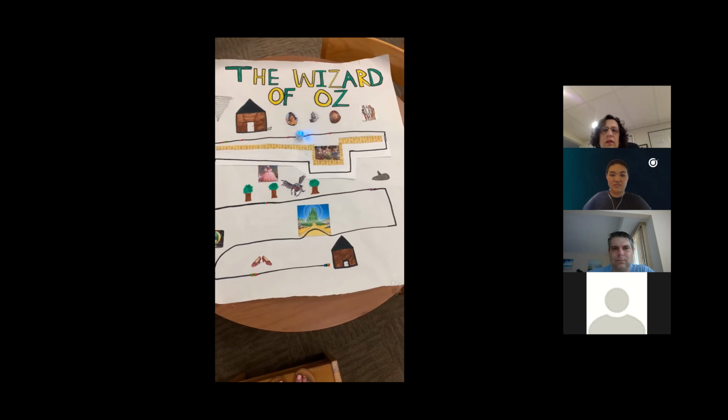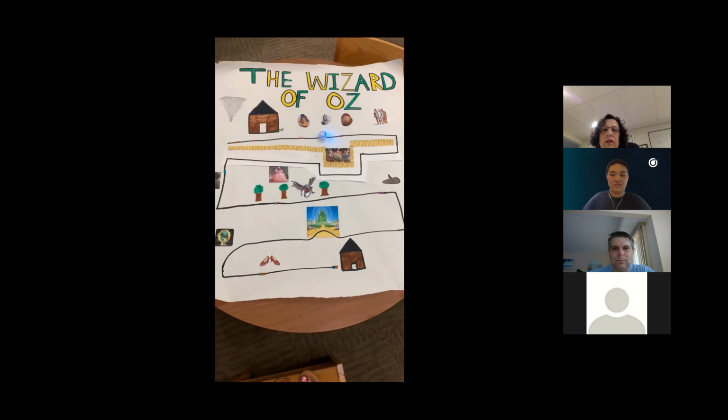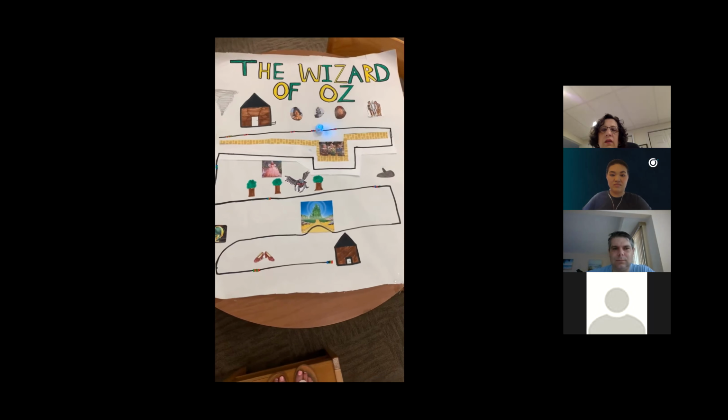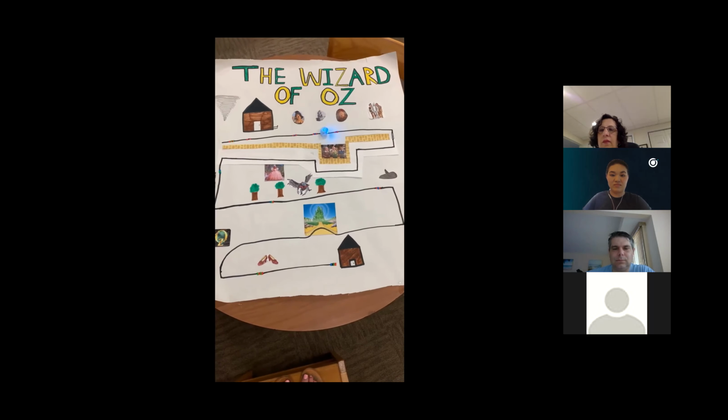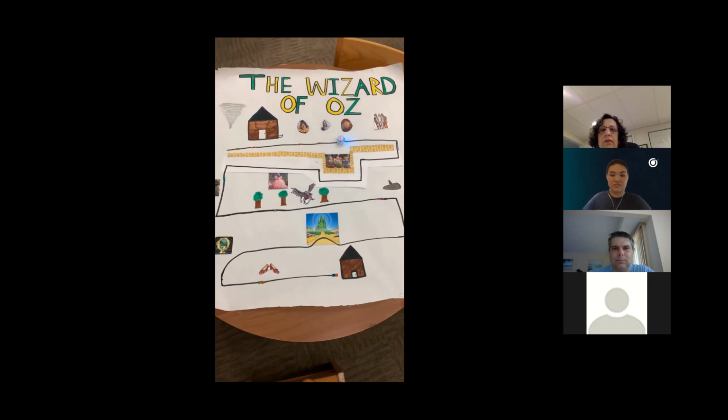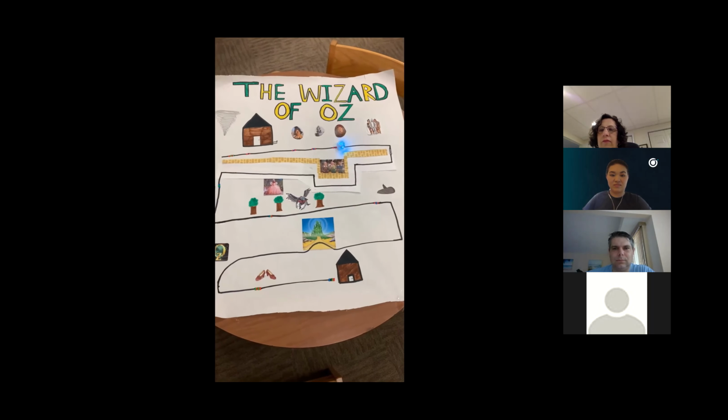We used color coding with the Ozobots markers to make the storyline more real with the tornado and the 3 stops to pick up her friends, the Scarecrow, the Tin Man, and the Lion.